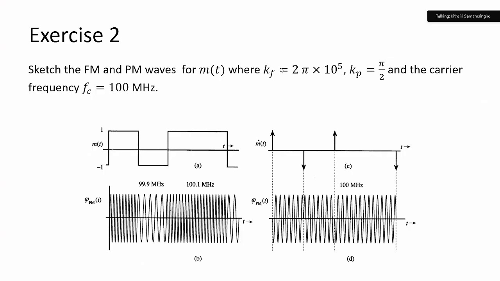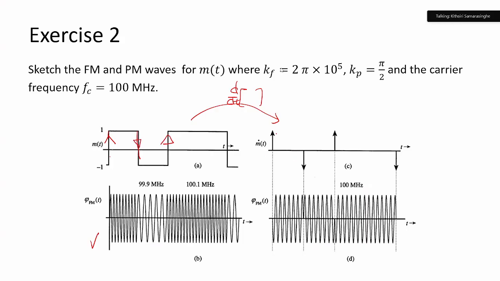Another exercise. If you are given a square wave, FM will be like this, and you differentiate this, d by dt. When differentiated, you get an upward jump here, downward jump here.